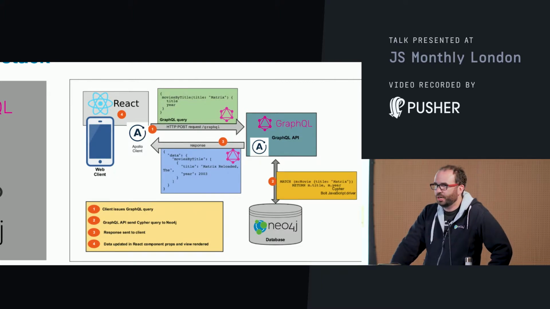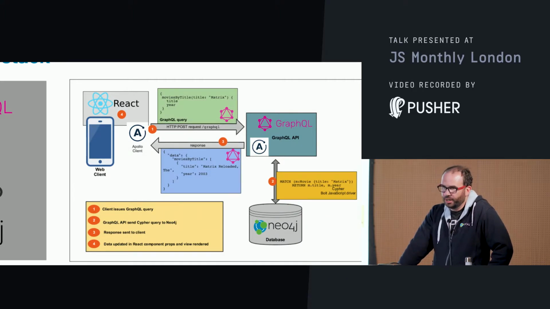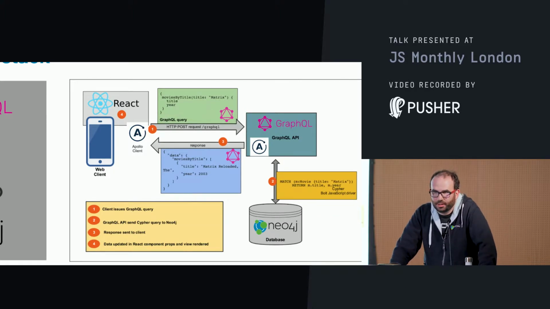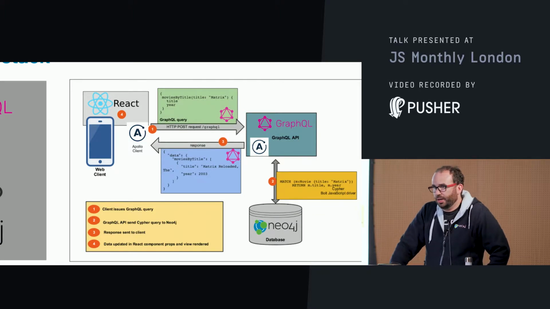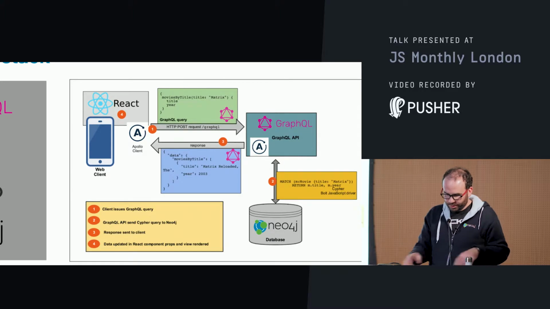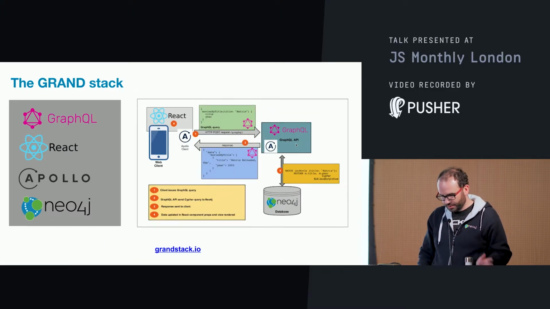Our GraphQL server has logic in there to query our Neo4j database to look up movies by title, and that data comes back to Apollo client. The React integration for Apollo client binds the GraphQL query result to the props for our view, for our component, and the view is rendered. Okay, so that's how those pieces fit together.